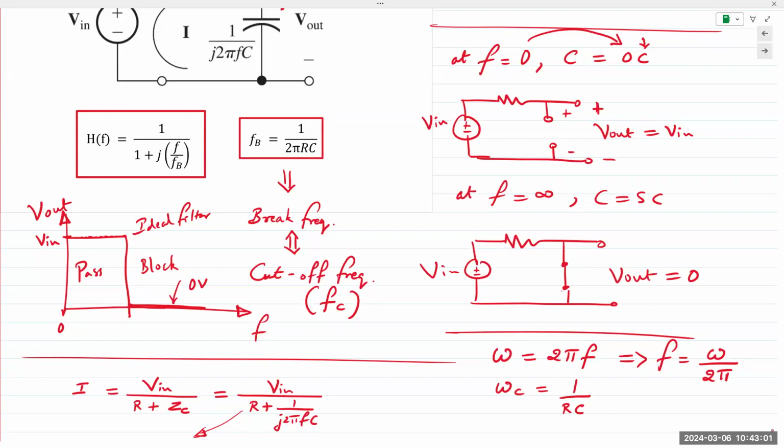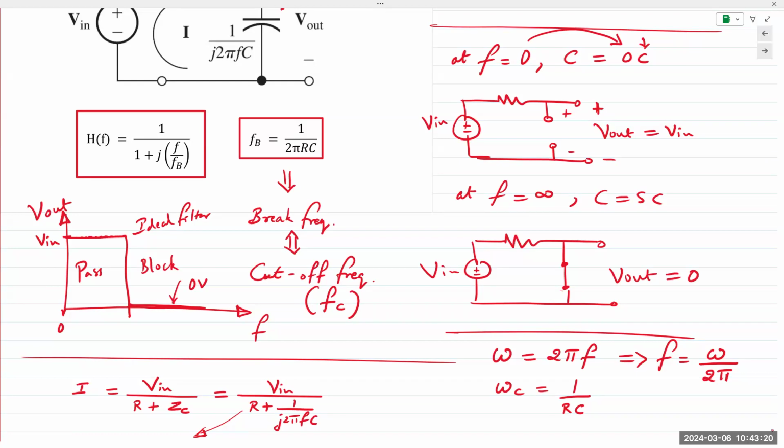Okay, so what is the significance of fB, the break frequency or the cutoff frequency? That's the point where the filter is cutting off and dividing the pass band and the block bands. It doesn't matter what kind of filter it is, whether it's low pass or high pass or band pass.